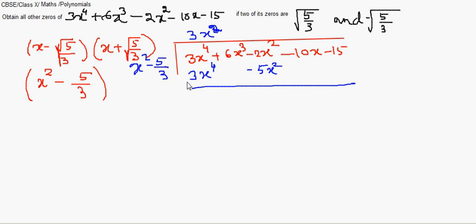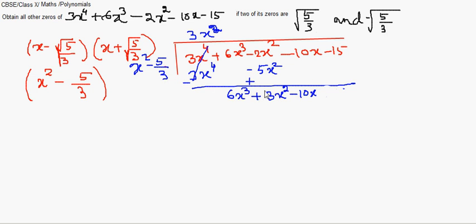Now let me change these symbols. So herein I'm getting 6x cube down, and this will give me 3x to the power 2. I'll bring minus 10x minus 15 down. I'll not need minus 15, just minus 10x down.